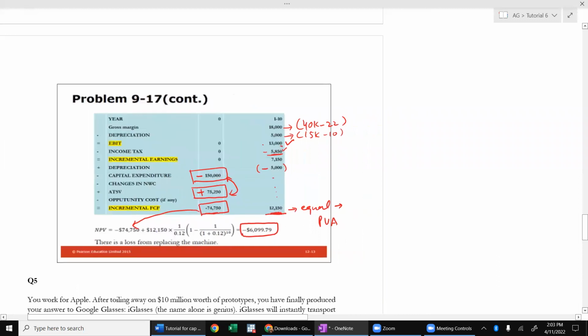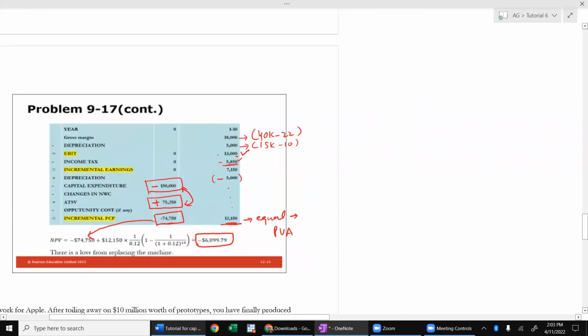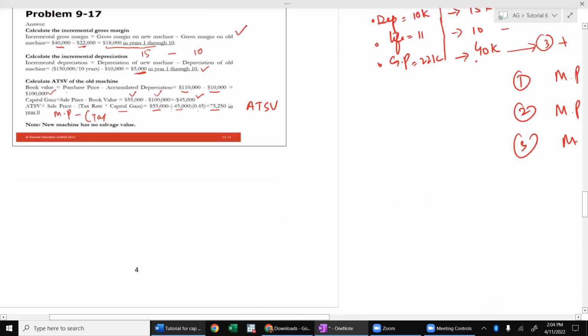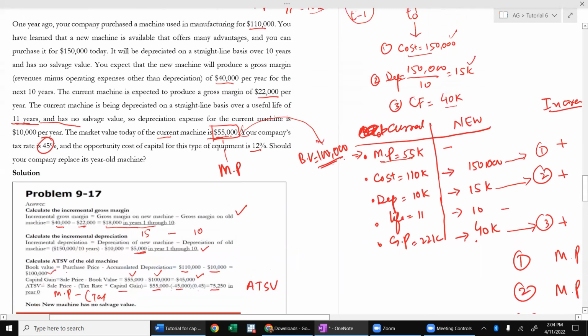Okay. So before I complete this question, there is another adjustment that you should remember. So let's say this is over 10 years. If I tell you in the question that the current machine is being depreciated on a straight line basis over a useful life of 11 years, this is for the old one.